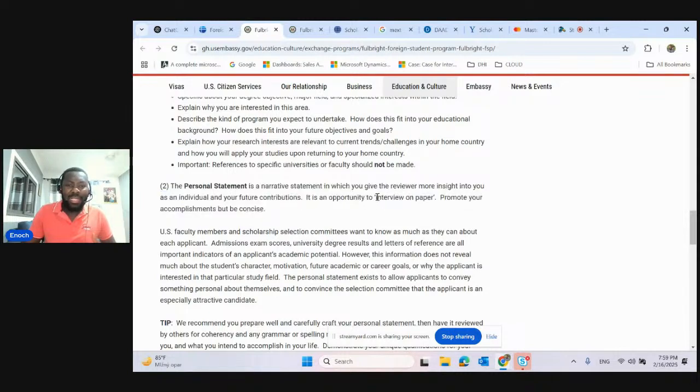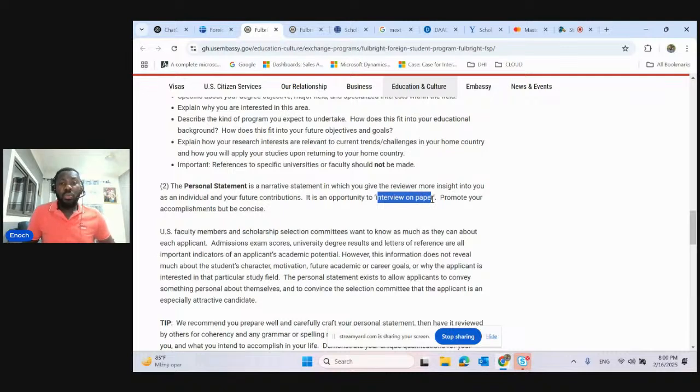And as they said, it's an interview on paper, so you have to promote your accomplishments and what makes you an ideal candidate for the scholarship. But be concise. You are limited by page number or by word count to provide information within a specified context.